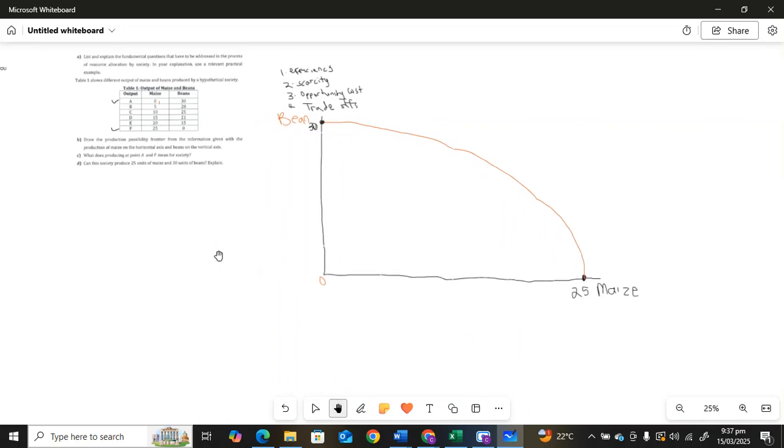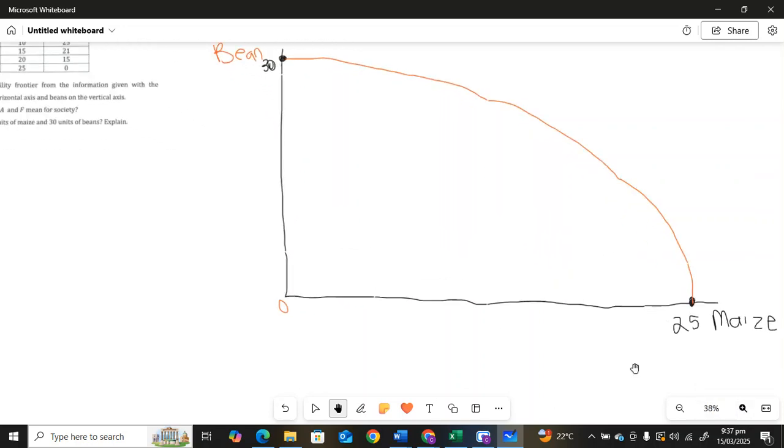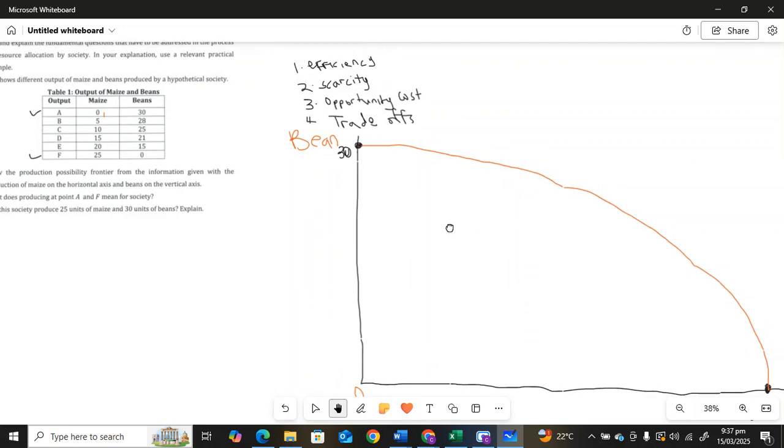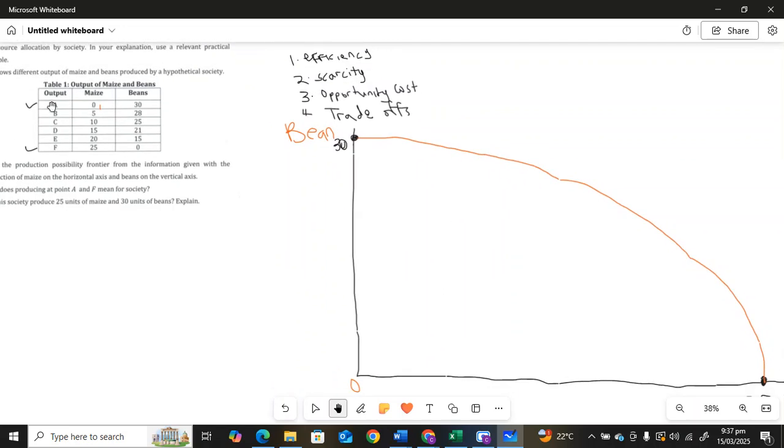Once you connect the 2 points, then you start plotting in. First thing that you do, check the beginning point and the end point so you know how to connect. Because if you just start plotting anyhow, your graph is going to look very funny.